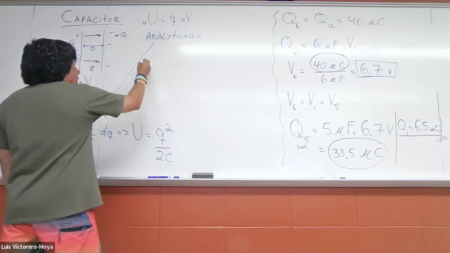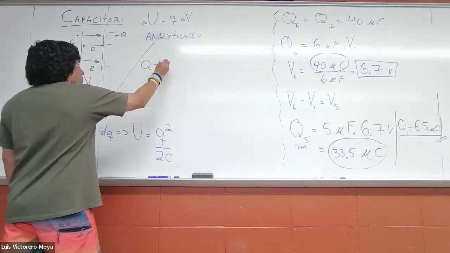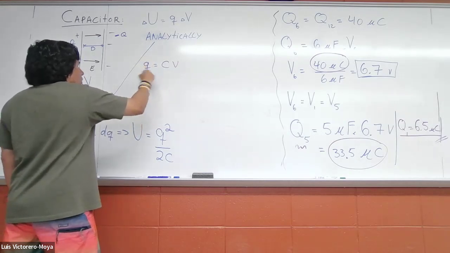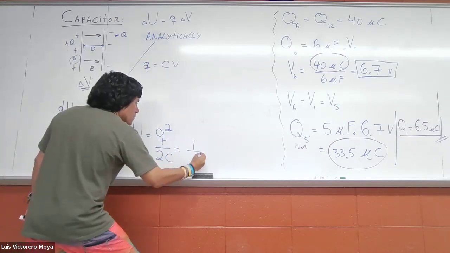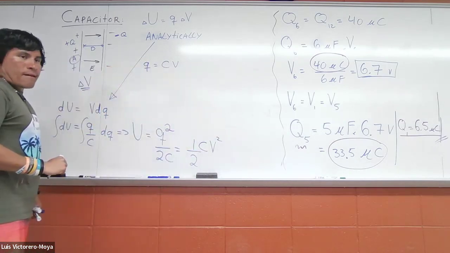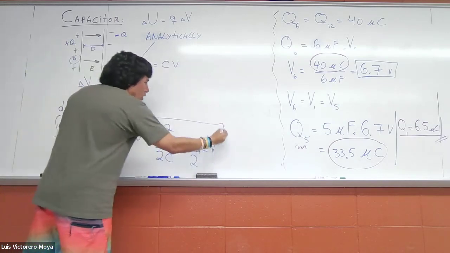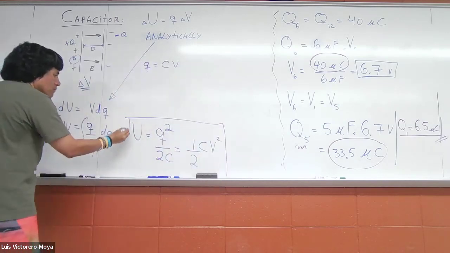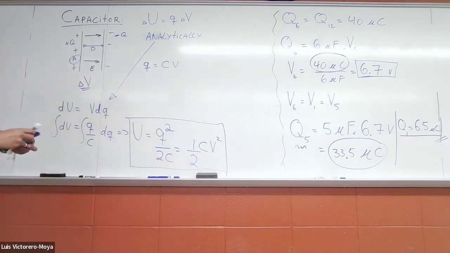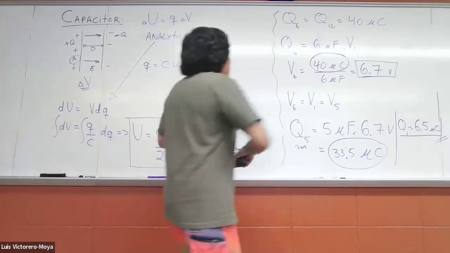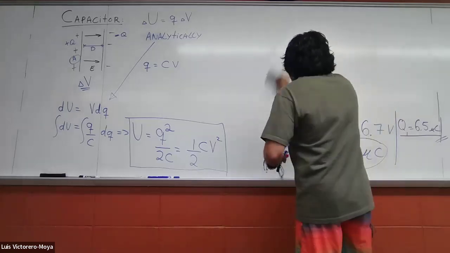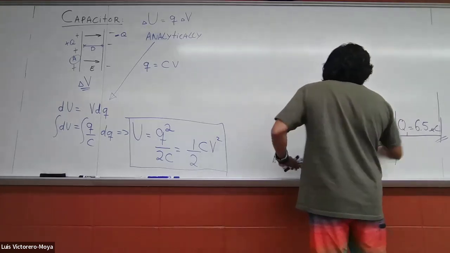If I use the relationship, this, then I can use this as well. So that's the equation for the energy of a capacitor. And you can actually find a nice relationship that we're going to use later.